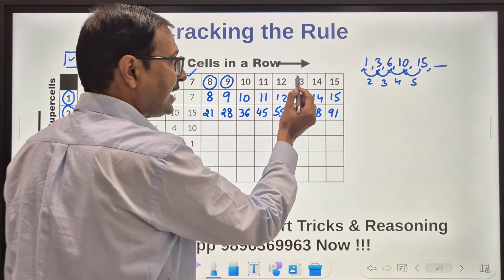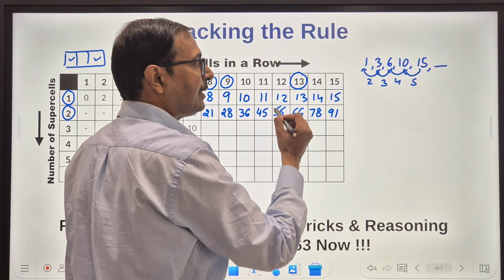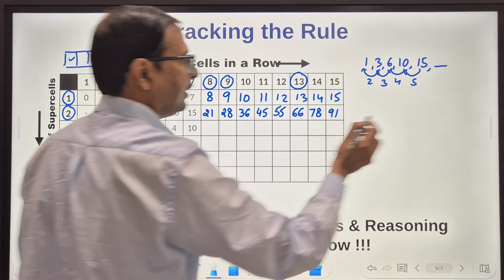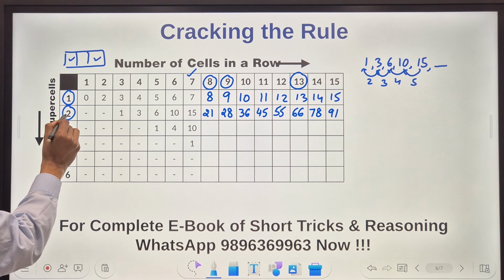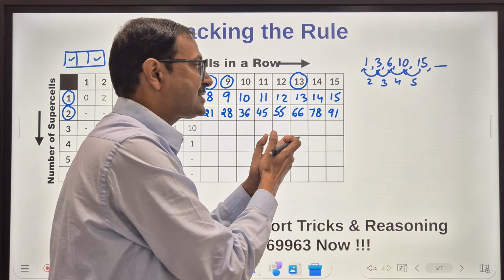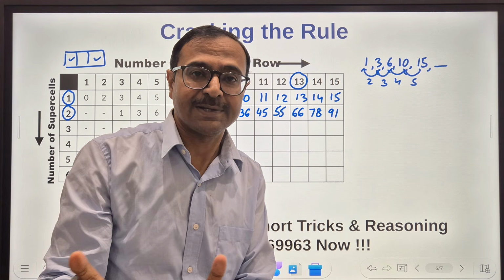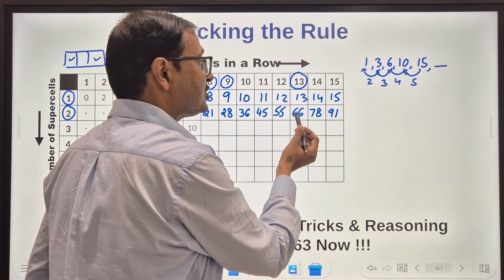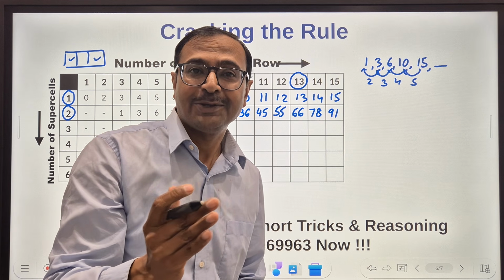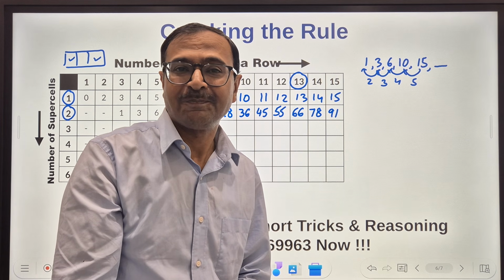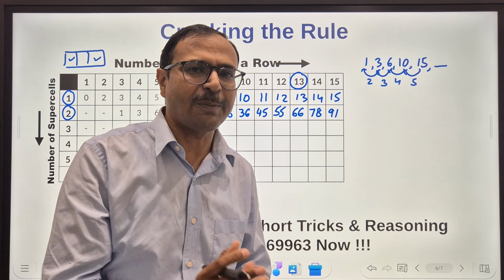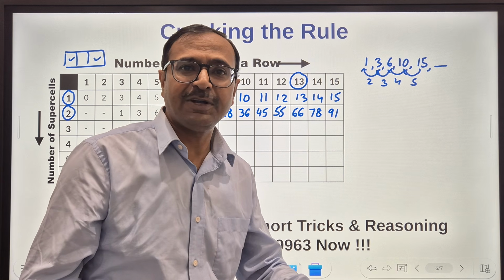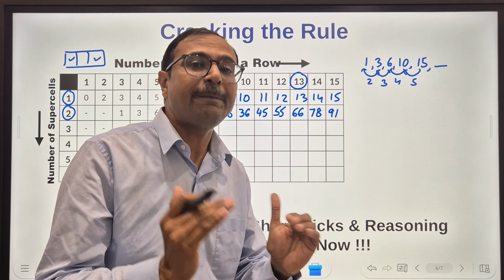So suppose somebody asks you, there is a 13 by 1 grid, and we want to have 2 supercells. In how many different ways can you mark those supercells? It is 66 different ways. Lot of use of permutations and combinations, but at class 6 level you need to observe the number patterns.